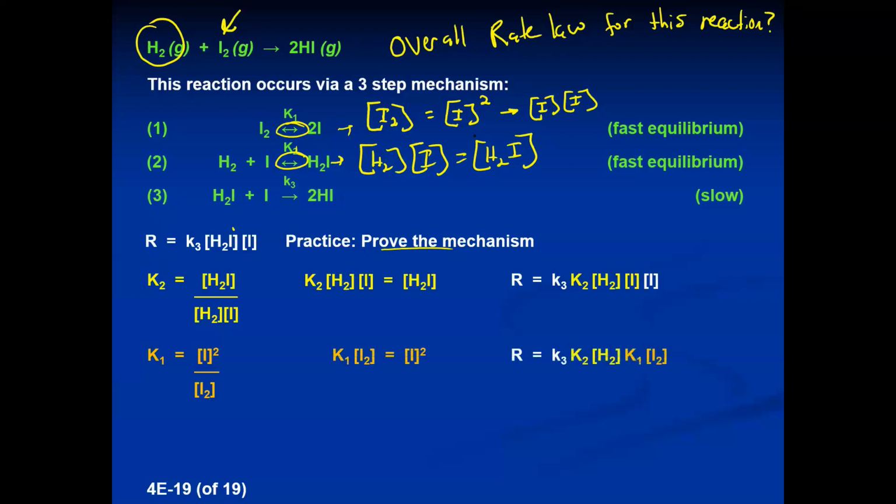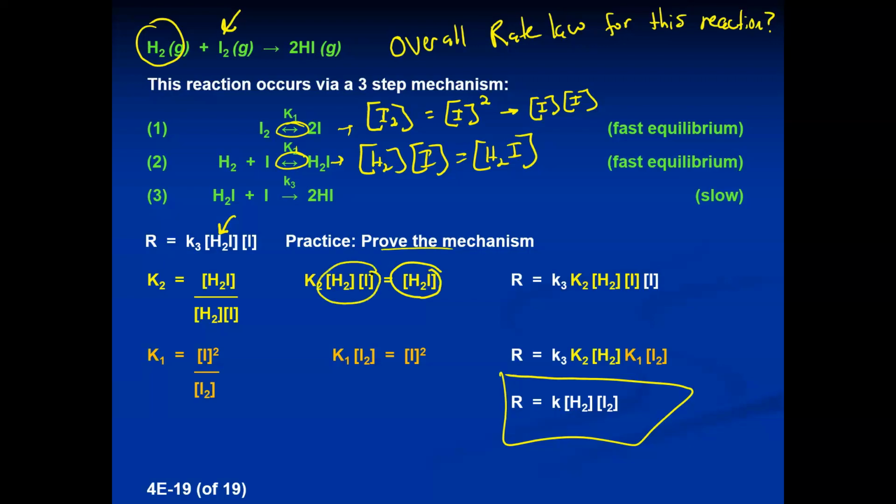And then we just plug all these in and we get H2 times I2, right? So again, however you solved this is fine. There's a few different ways you could have proven this mechanism. You could have started with one or the other, but basically you use your algebra, solve for this, and then plug it in. So we solve for our H2I, right? H2I equals these two. So I plugged that in here.